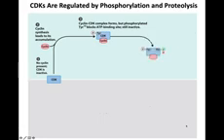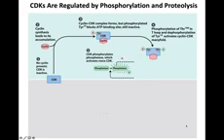When threonine 160 in the T loop is phosphorylated, the loop moves out of the substrate binding site, and when tyrosine 15 is dephosphorylated, ATP can bind to cyclin-dependent kinase. These two changes activate the cyclin CDK complex.